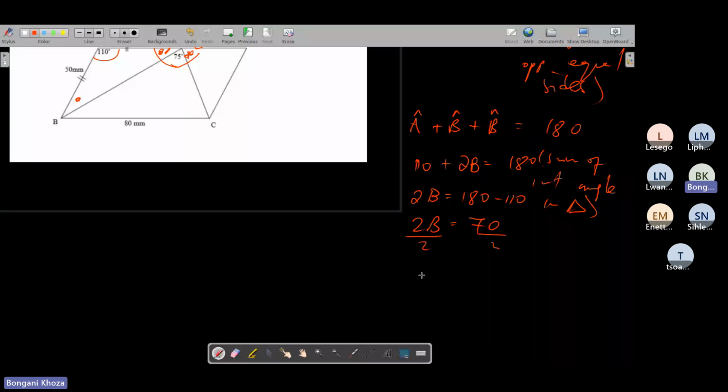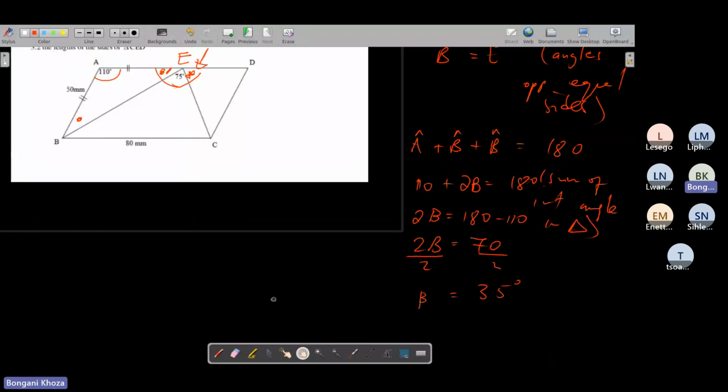We get B equal to 35, like that. Any questions on that one? No. All right, so this is 35.